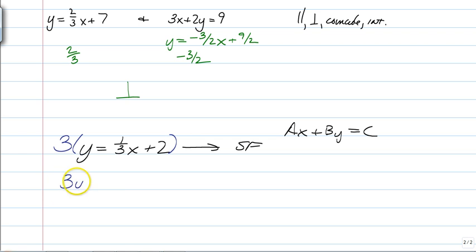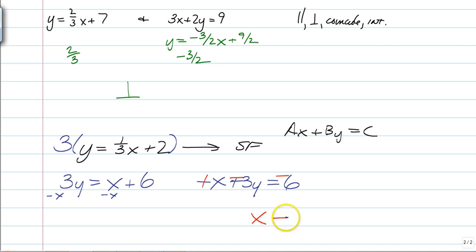So 3 times y is 3y is equal to 1/3 times 3 is 1, so x plus 3 times 2 is 6. And now you need to bring the x to the left side, so you're going to subtract x from both sides, and you're going to get negative x plus 3y is equal to 6. Only problem with that is a is negative, so now all you have to do is change that to positive, that to negative, and that to negative, so your answer is x minus 3y is equal to negative 6. And that's how you move from slope-intercept form to standard form.